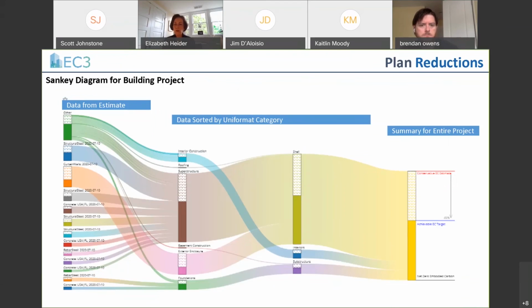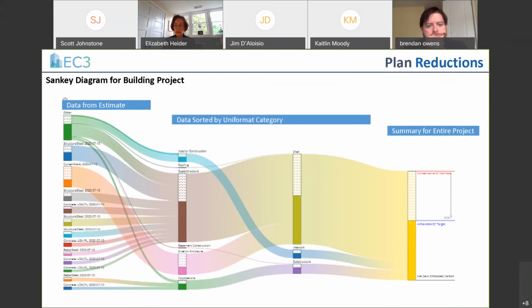The EC3 tool can then roll all of your selections up into a graphic report that summarizes embodied carbon by material as taken from the estimate on the far left side, rolled into parametric or uniformat breakdowns, and then summarized for the entire project. And again, this informs the team early enough to make decisions.